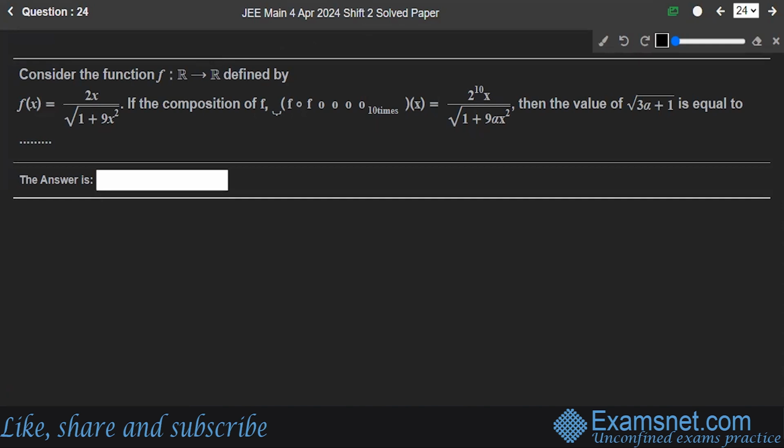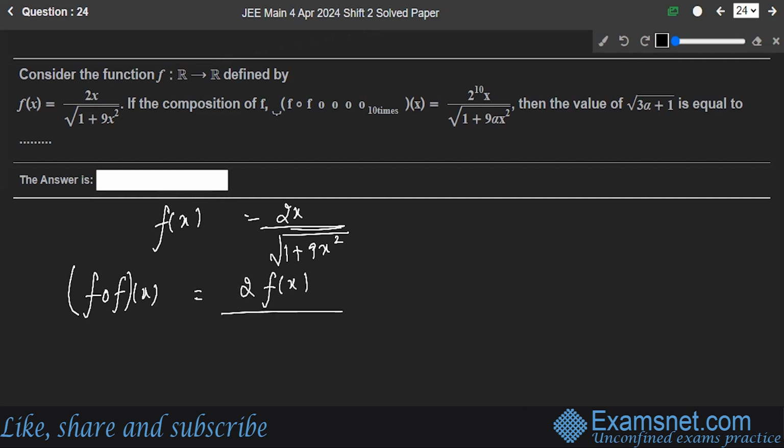Let's write down. First thing, you have f x is equal to this, right? So f of f x is equal to 2 f x upon root of 1 plus 9 f x square.